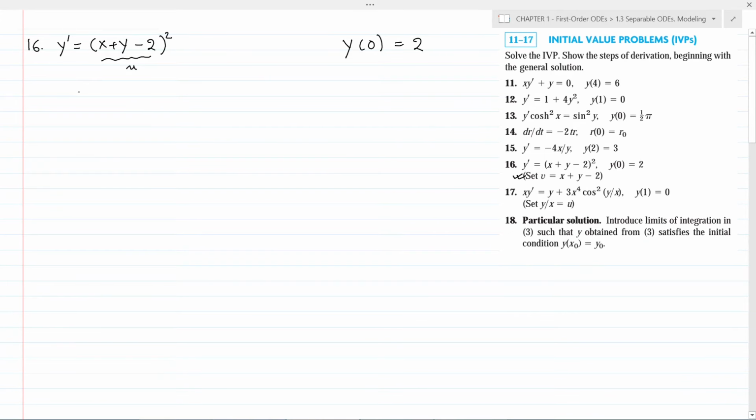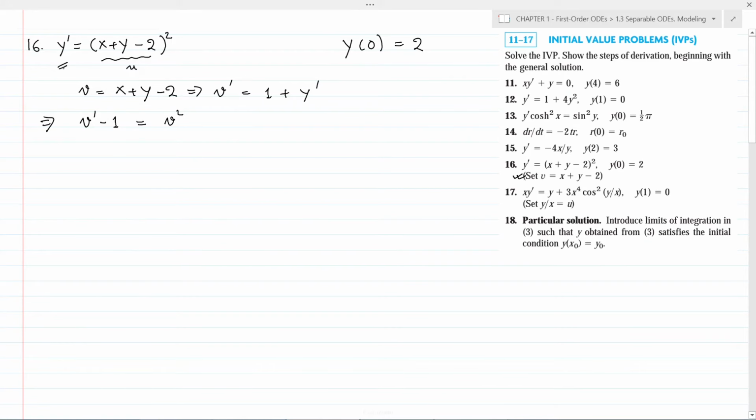So, we will substitute v = x + y − 2 as mentioned in the question. This implies v' = 1 + y', by differentiating both sides with respect to x. We can write the original differential equation as v' − 1 = v².